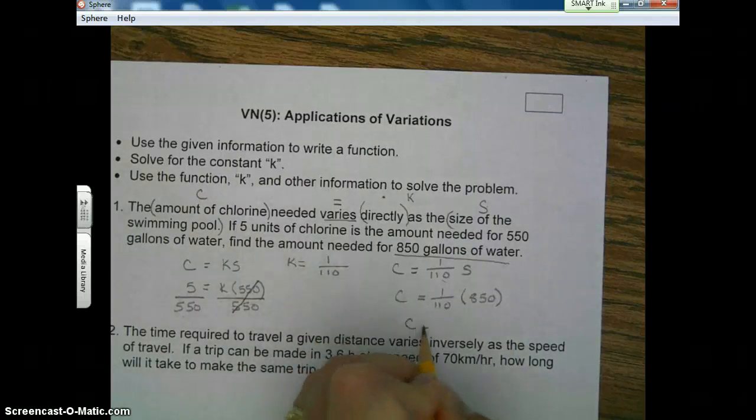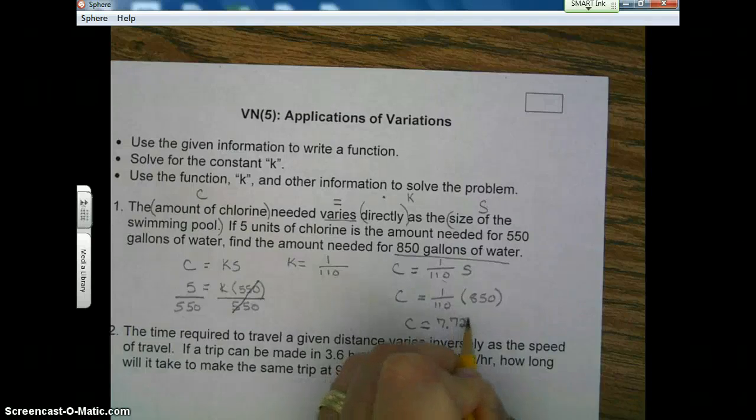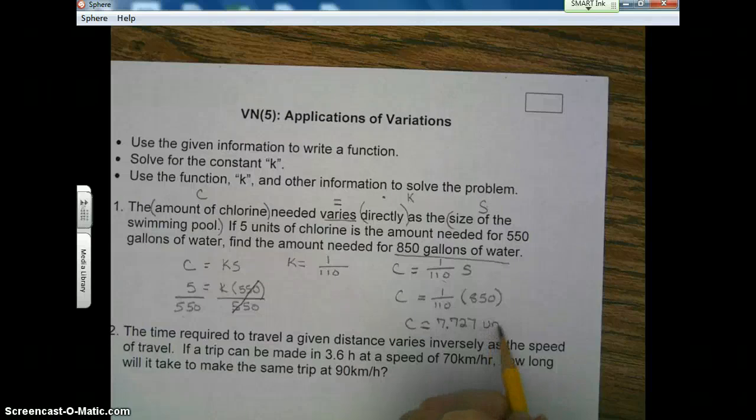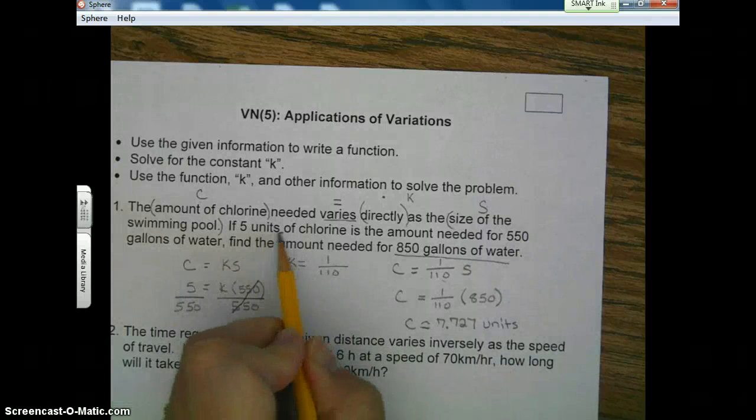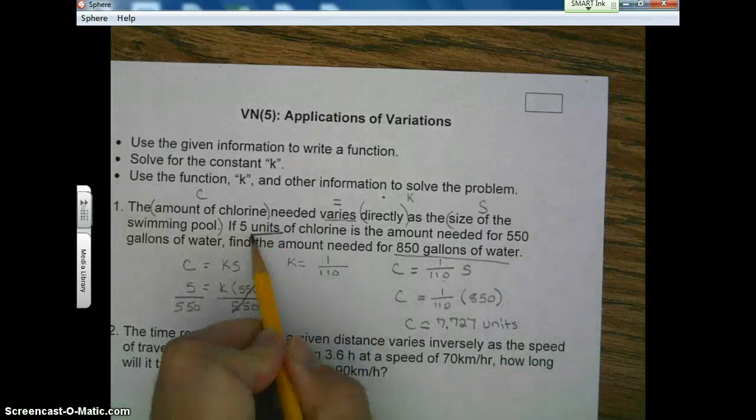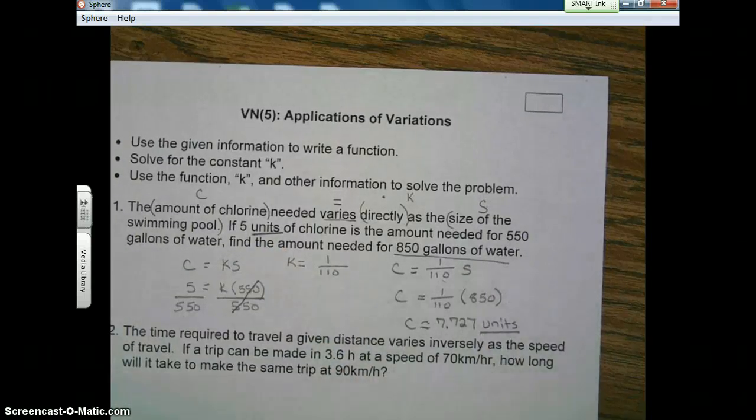And so we need approximately 7.727 units of water. I'm sorry, of chlorine. Right here, chlorine is measured in units, so we need to put our answer in units.